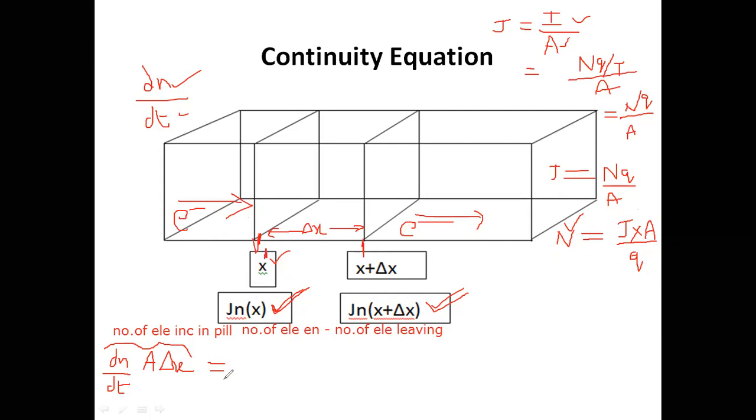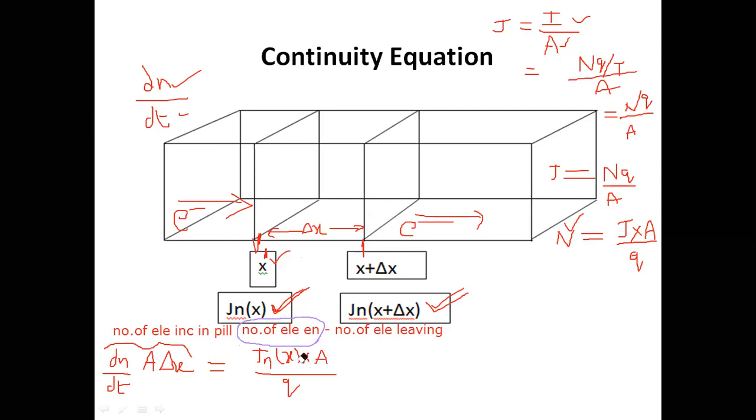Jn of X, multiplied by area, by Q. This term gives me the number of electrons entering into the pillbox.